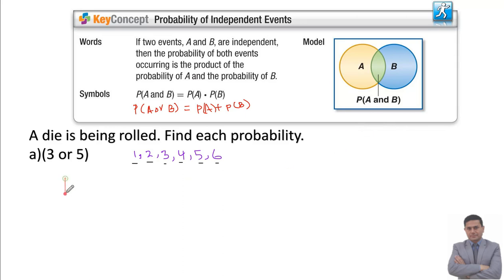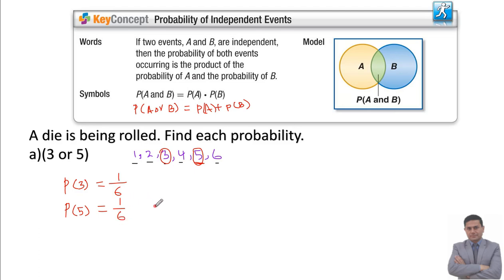So probability of 3: how many 3s are there? 1. How many total outcomes are there? 6. So 1 out of 6 is the probability of 3. Now I will move to the second one, probability of 5. In a similar way, 5 comes in the total numbers only 1 time, out of a total of 6. So 1 out of 6.